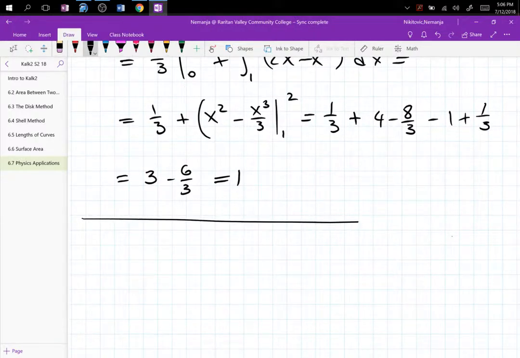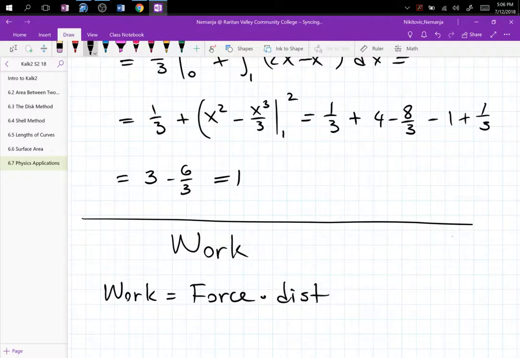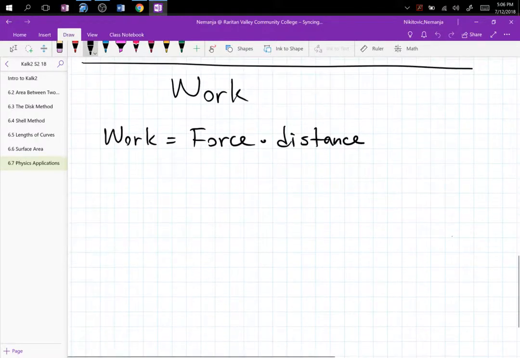More interesting than that would be work. Work is defined as force times the distance, and if you're pushing something straight at uniform speed or whatever, it's going to be very simple arithmetic to calculate.